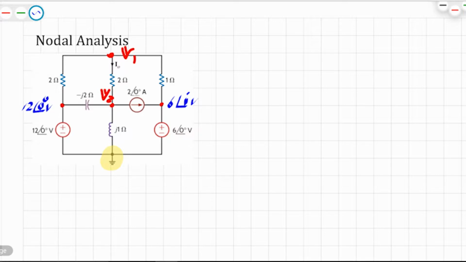All right, let's apply KCL at node 1. You can see we have 3 branches that connect to node 1. Let's call this I1. This is I0, and this is I2.